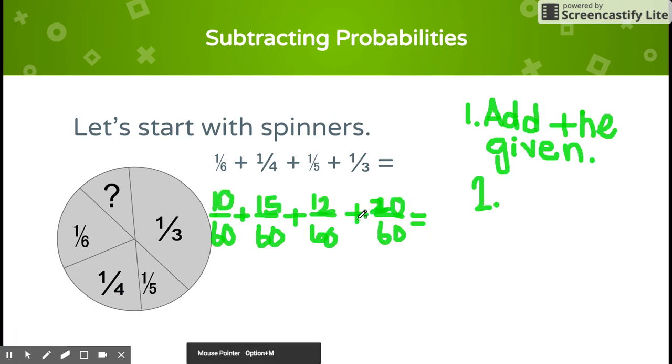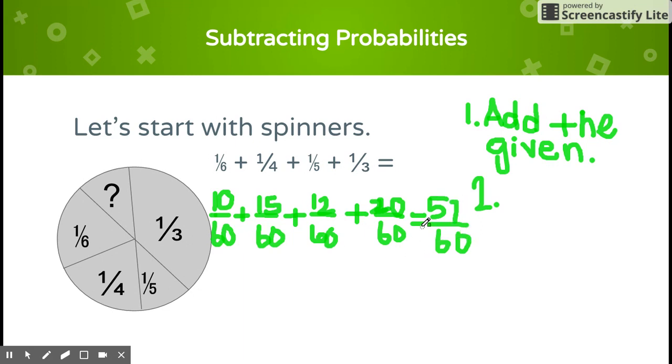All right, so here, excuse my handwriting, but I have 10/60ths, 15 over 60, 12 over 60, and 20 over 60. If we were to add all of those together, we will end up with 57 over 60, which is our step 1, add all the given.